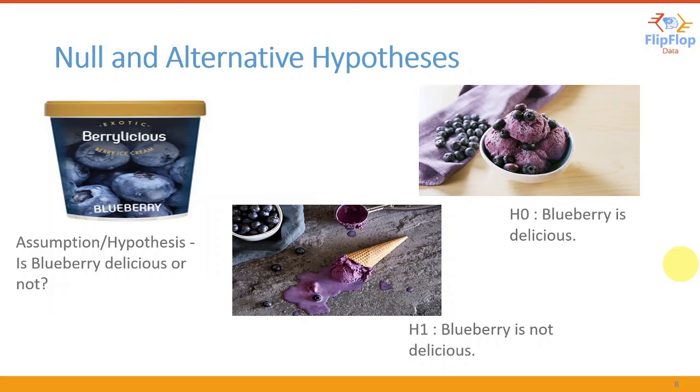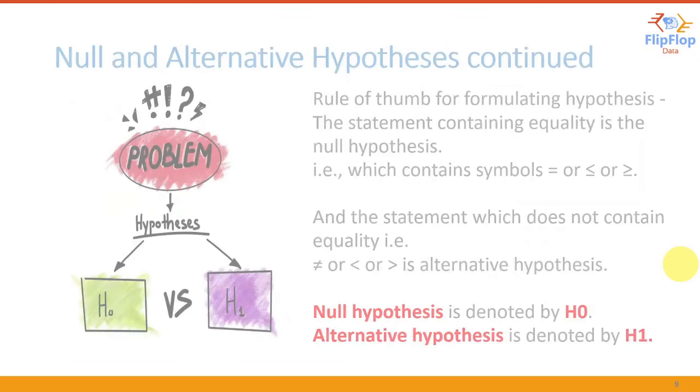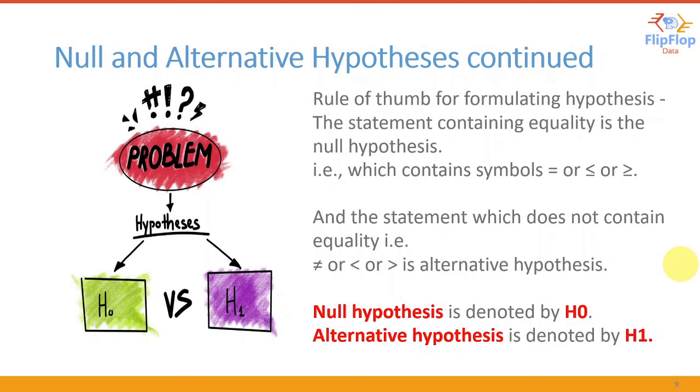So for hypothesis testing, the claim and its complement are formed in such a way that they cover all possibility of the value of the population parameter. Suppose our parameter can take values between 0 to 100. Then testing H0 plus H1 should cover my entire range of 0 to 100. So the rule of thumb for formulating null and alternative hypothesis is the statement which contains equality is the null hypothesis.